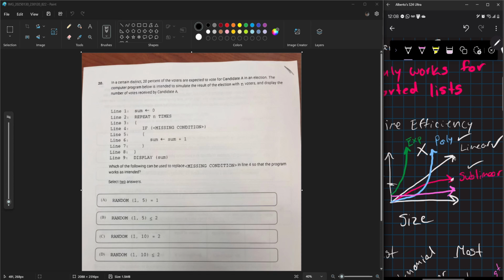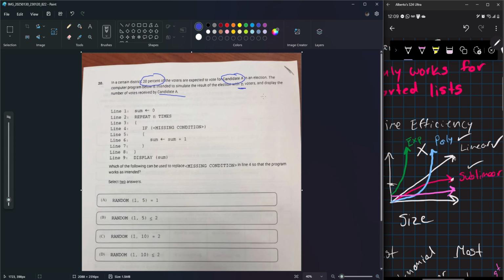And then the last one, in a certain district, 20% of voters are expected to vote for candidate A, so 20%. The computer program below is intended to simulate the result with n voters and display the number of votes received by candidate A. So repeat n times if, which of the following can be used to replace the missing condition.